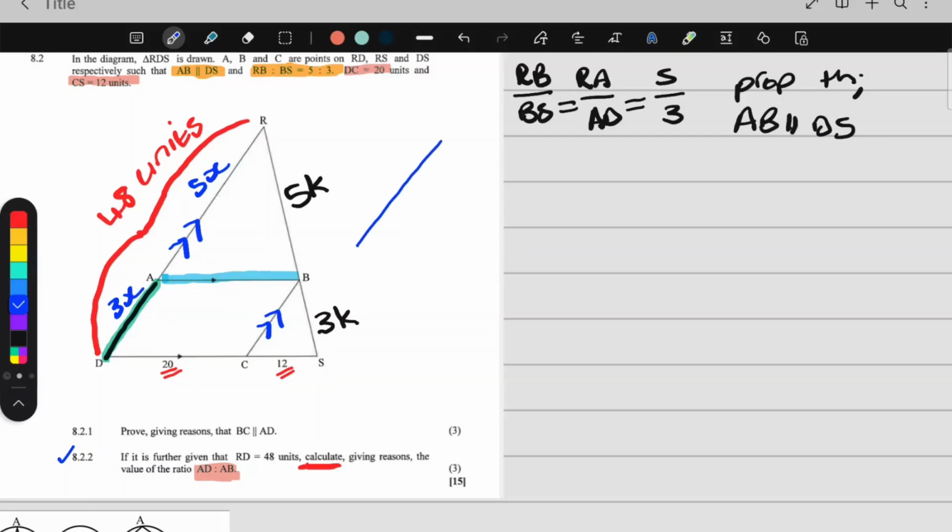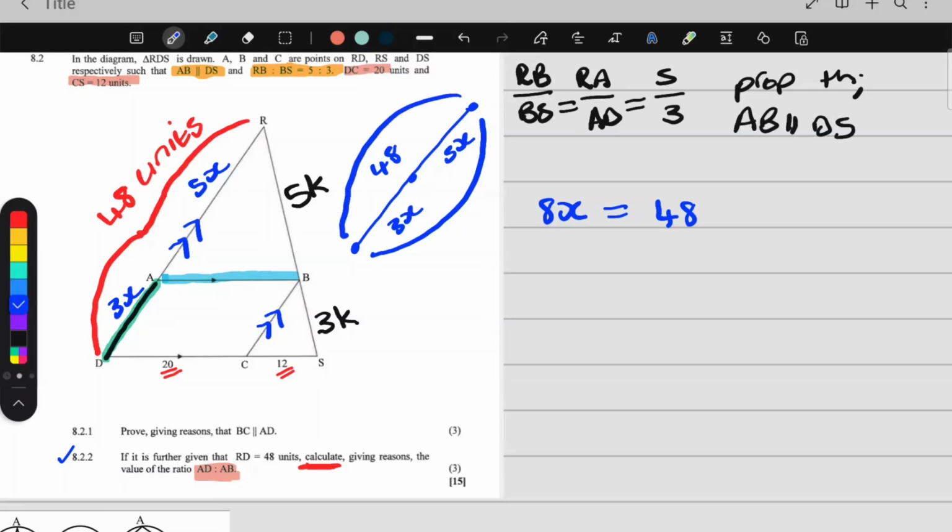So if this whole line RD is 48 units, and this part is 3x and that part is 5x, then I can say 8x is the same thing as 48 units. Do you agree? 8x is this side and the whole 48. They are equal to each other.